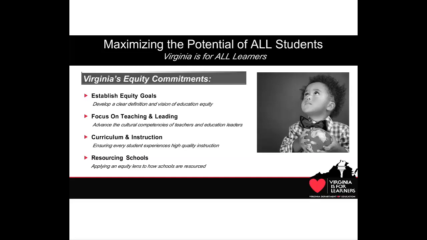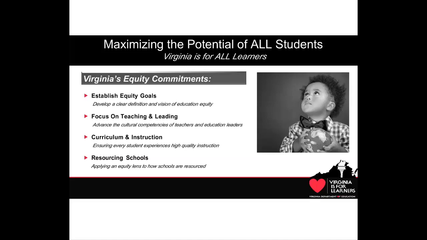And what we see in that data is that students who attend a school where more than 50% of the student population are economically disadvantaged are twice as likely to have a first-year teacher or a provisionally licensed teacher in their classroom. And that is just not acceptable.